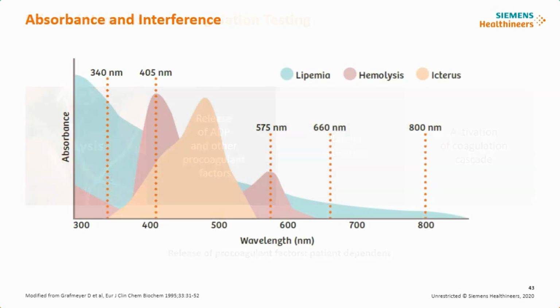And if you're using a photo-optical clot detection system, you may be subject to some of these pre-analytical variables from hemolysis, icterus, and lipemia. And it's not to say that the mechanical clot detections are not subject to the same type of interferences.